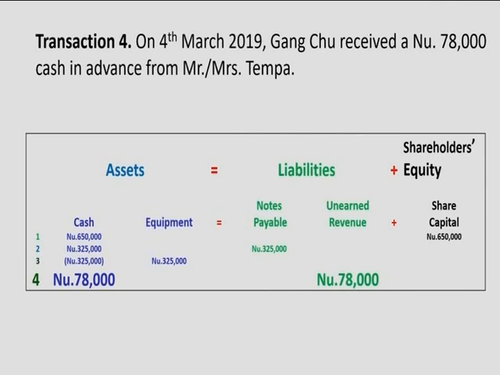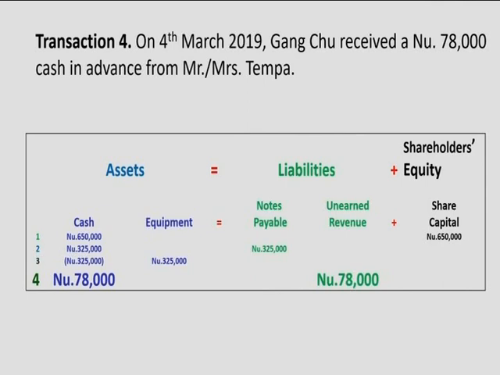So the cash here is increased by 78,000 because Gangchu has received 78,000 from Mr. and Mrs. Tempa. However, since this is an advance given to Gangchu Limited, it has a future obligation to deliver 78,000 worth of goods to Mr. and Mrs. Tempa.